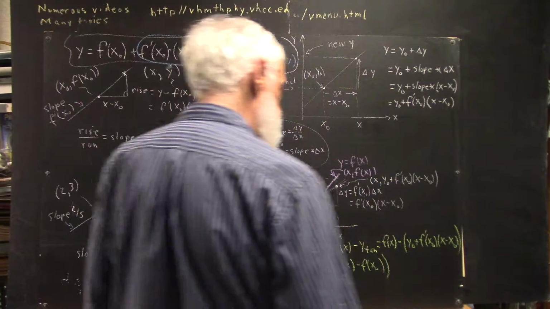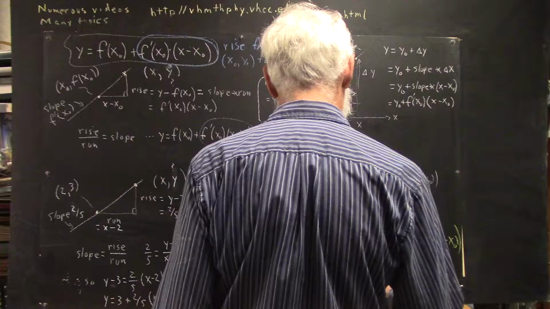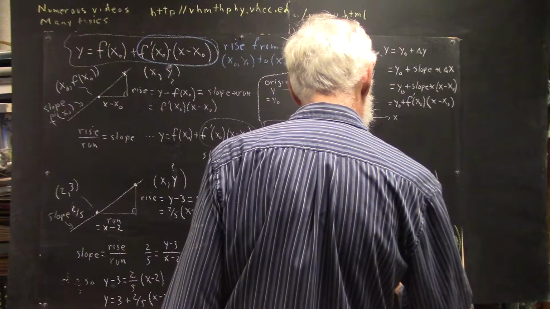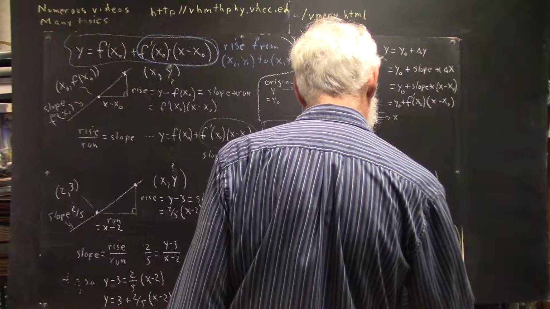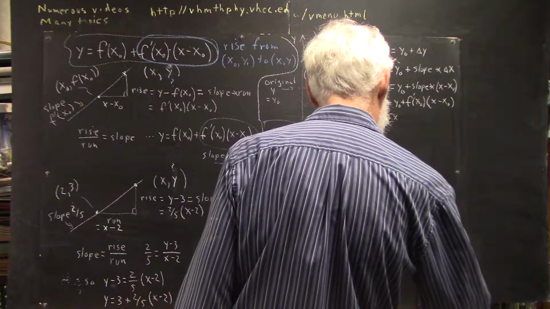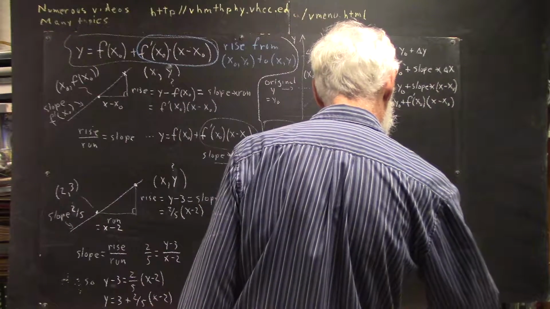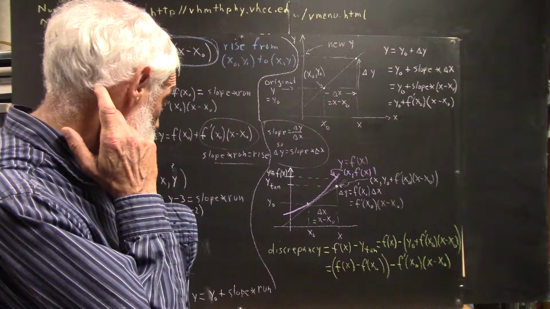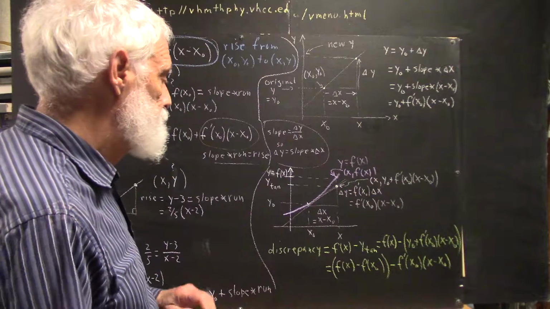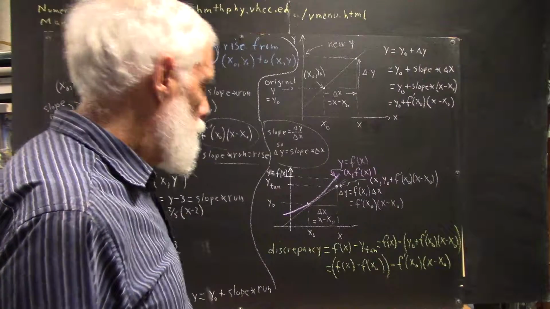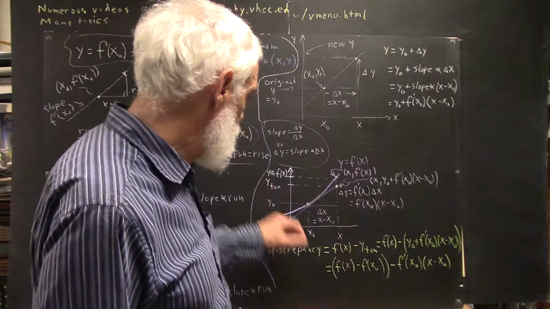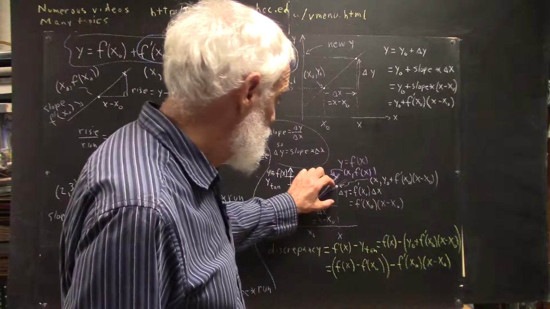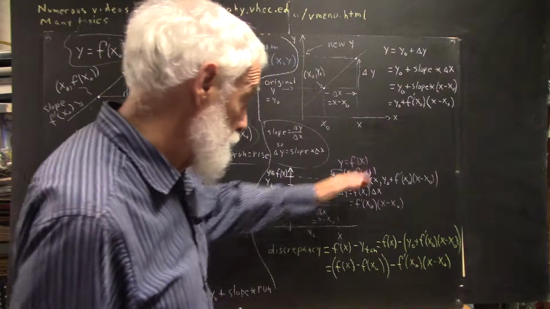And then I have minus f prime of x naught times x minus x naught. Okay. This is the actual difference in the value of the function. This is the difference as predicted by the tangent line.